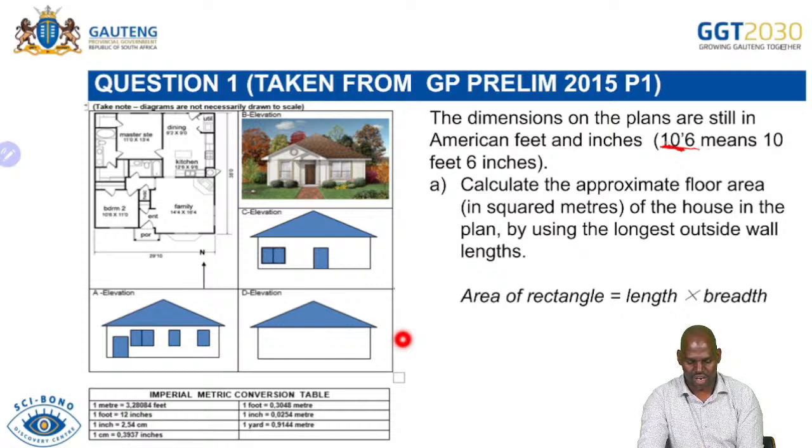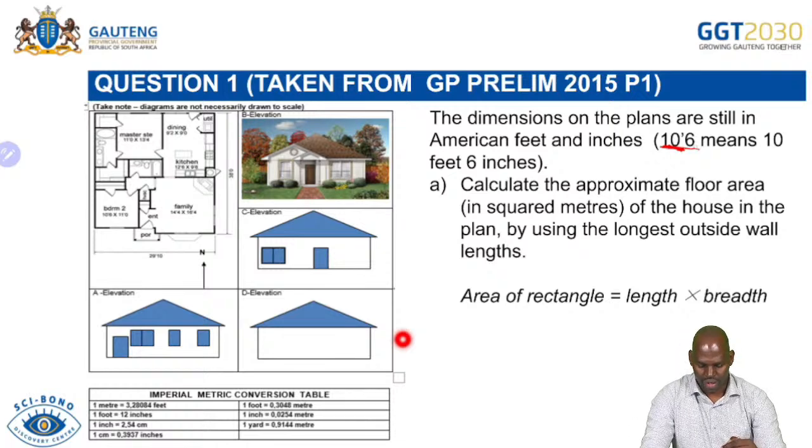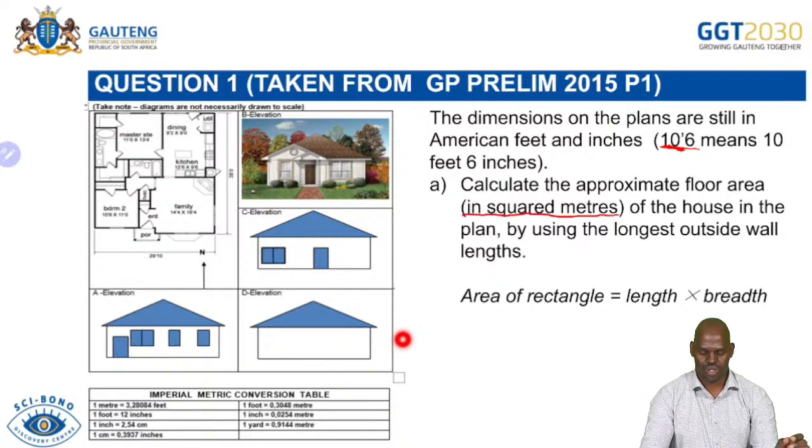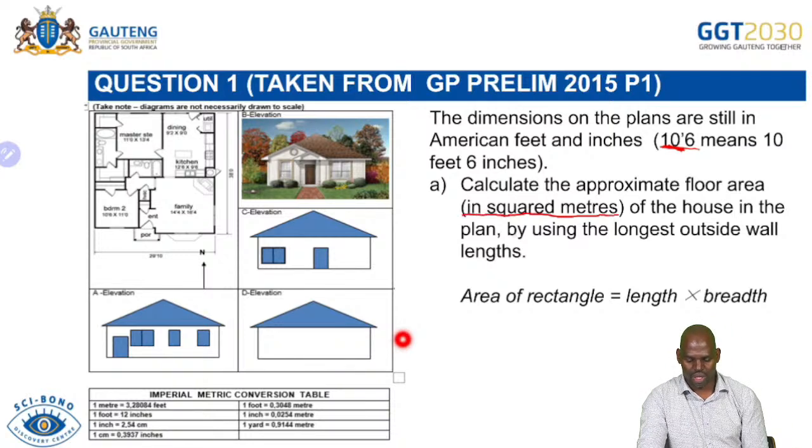So it means it's 10 feet and 6 inches. And they say, A, calculate the approximate floor area in squared meters. Very important. It means your answer must be in meter squared. Of the house in the plan.